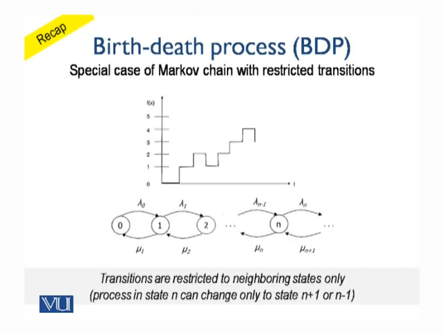So you can move to the next higher state or the next lower state, unless you are at the base state where the state level is equal to 0. In that case, you cannot go to the lower state. But in all other cases, you can make transitions to the adjoining states.